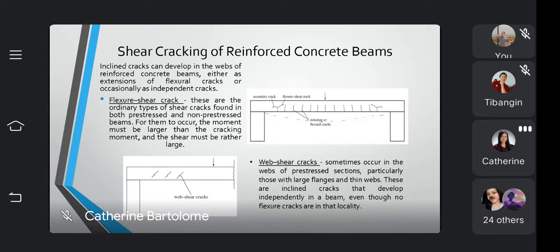These are inclined cracks that develop independently in a beam even though no flexure cracks are in that locality. So it doesn't start at the tension side; it is only in the web for web shear cracks. So see the difference between the flexure shear crack and the web shear crack.